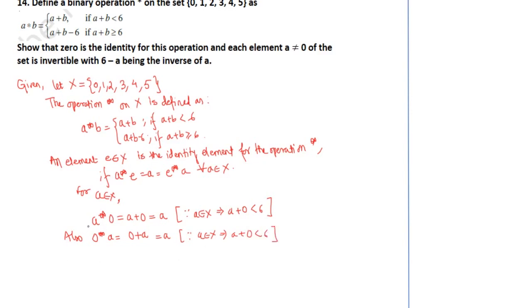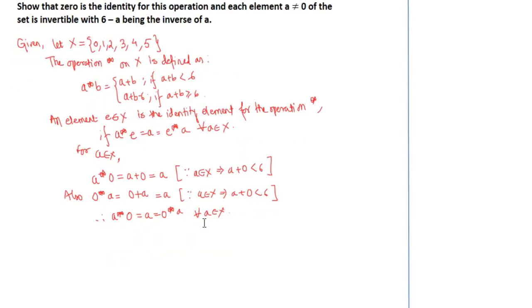So we get a star 0 is equal to a is equal to 0 star a. Therefore we can say that a star 0 is equal to a, and that is equal to 0 star a for all a belongs to X. Plain simple, no rocket science involved here.